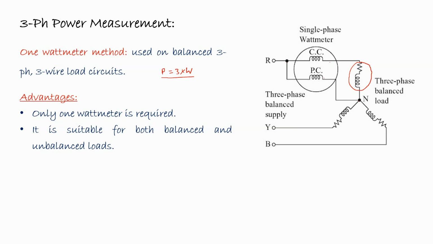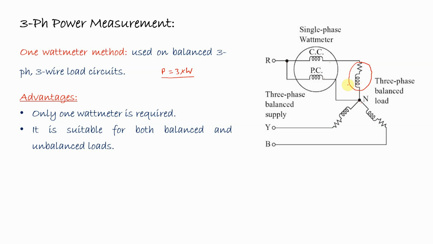Now, how can the power be measured for an unbalanced system? For that condition, we have to add the wattmeters one by one across each phase. That means first of all, the wattmeter will be connected between the phase R and the neutral terminal so that it will measure the power for the first phase.